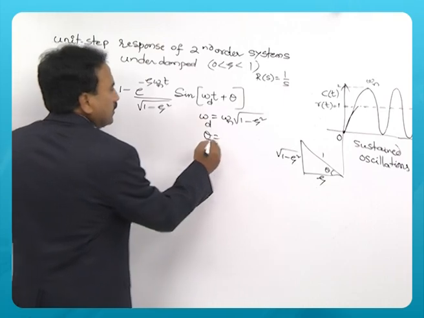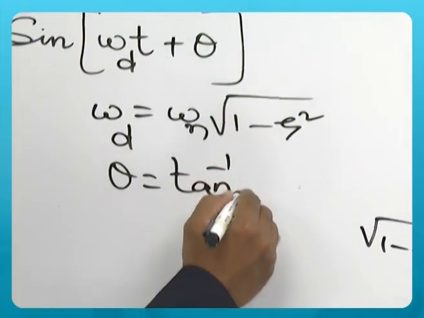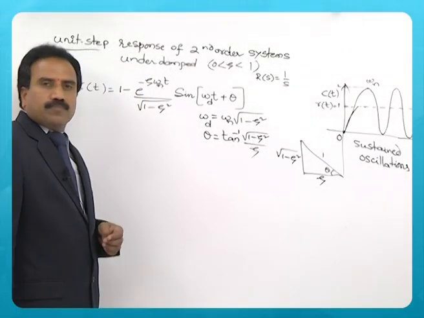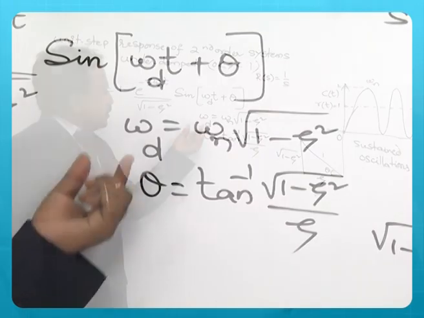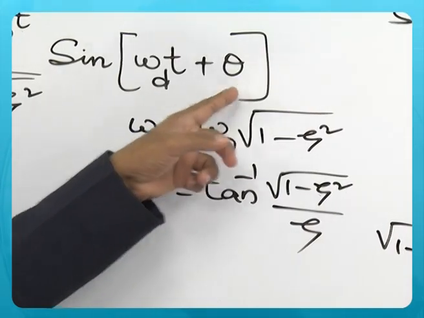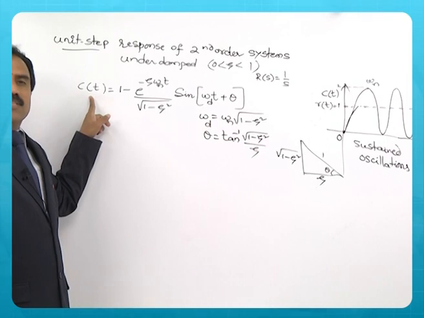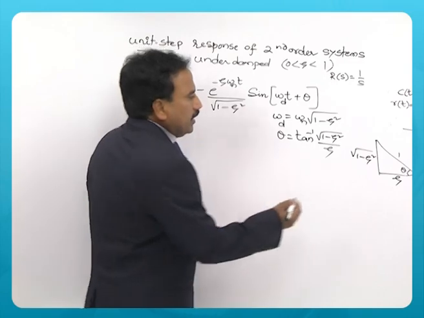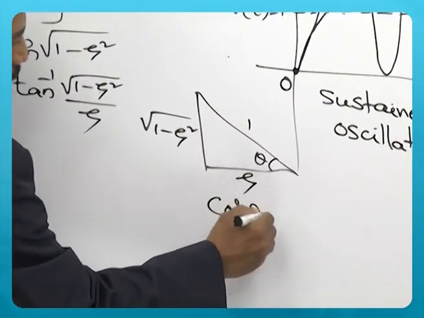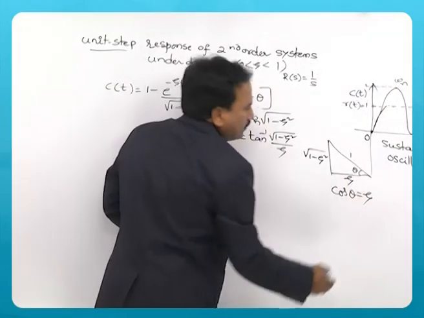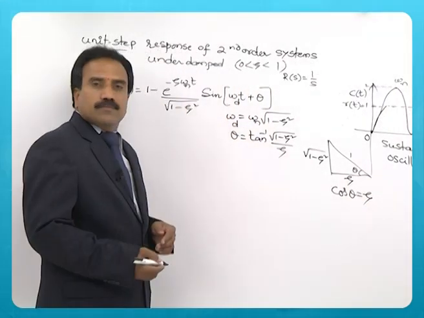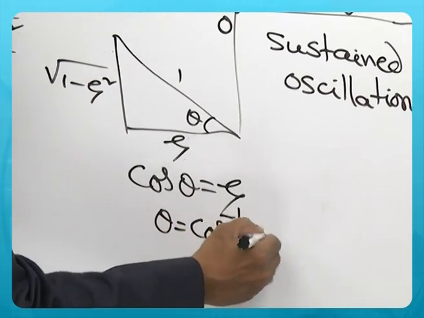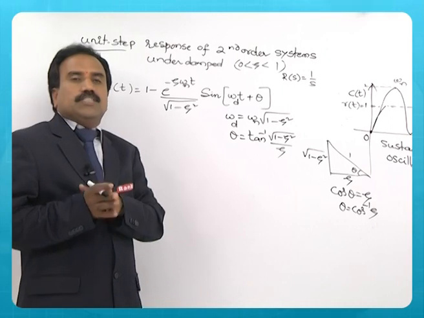So theta is tan inverse of under root of 1 minus zeta square by zeta. These two are the factors existing in the time response C of t. Now cos theta is equal to zeta, or theta is equal to cos inverse zeta, meaning the angle depends on zeta.